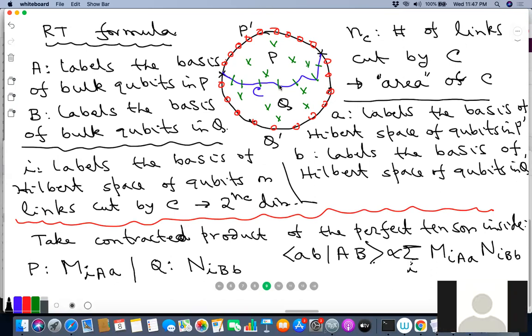And later on, we will see what happens if we introduce entanglement in the bulk, which is a more accurate representation of the vacuum state in the bulk. Okay. So there will be corrections to the Ryu-Takayanagi formula that we will study.